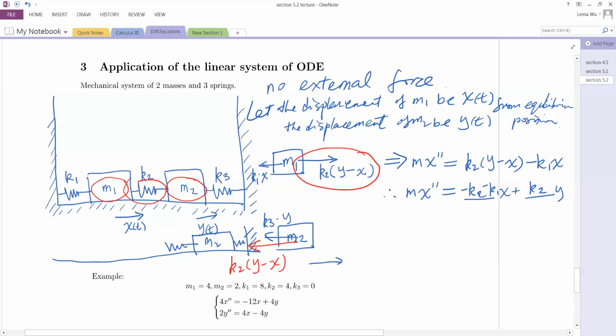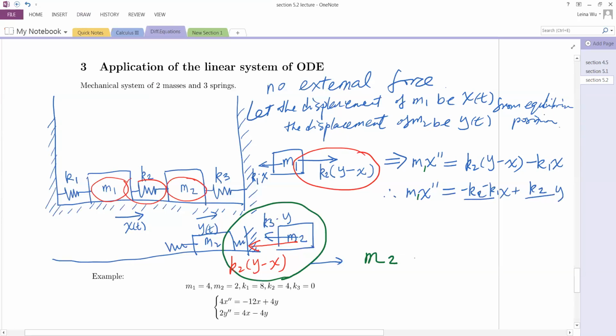Okay, so we've seen the total force on M2, right? On mass M2, guys, so let's write down the equation related to it, and then we'll be finished today. M2 times its acceleration, oh sorry, I forgot about M1 here.